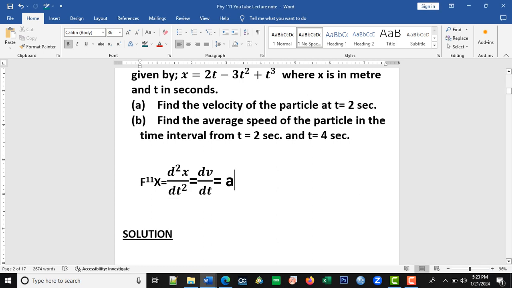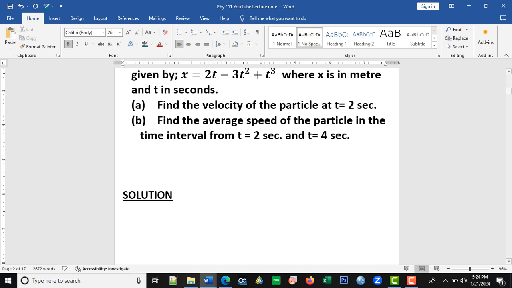So what I'm trying to say is that if we find the second derivative of a particle, f double prime x, it could be written as d squared x over dt squared or dv over dt. That gives us a quantity which is acceleration, the rate of change of velocity with time. So we are going to also apply this in today's class.